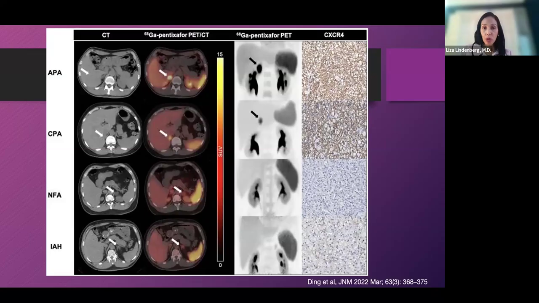Cortisol-producing adenomas also show uptake, but like we mentioned before, the non-functioning adenomas are not showing uptake, and neither is the idiopathic adrenal hyperplasia. That's very significant and helpful in distinguishing what type of disease process is going on.